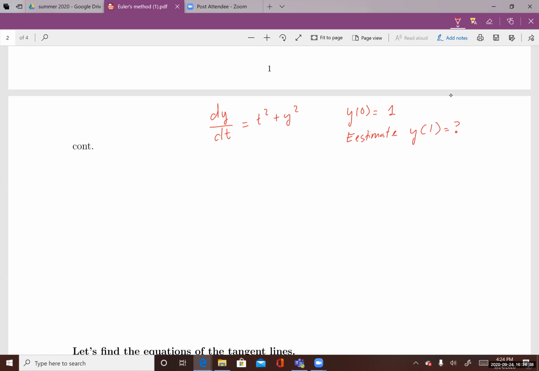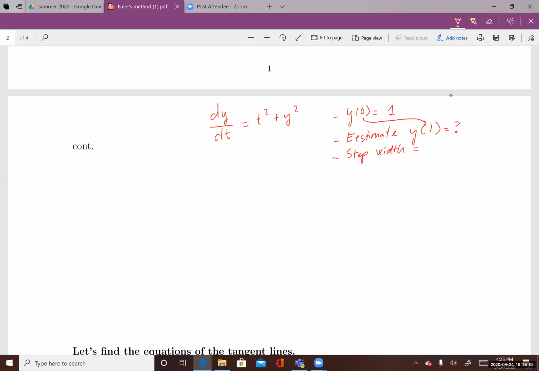So before you can do this, you have to decide what is your step width. So the step width is, let's say I decide, I will go from 0 to 1, and then maybe I want to do like 5 steps.